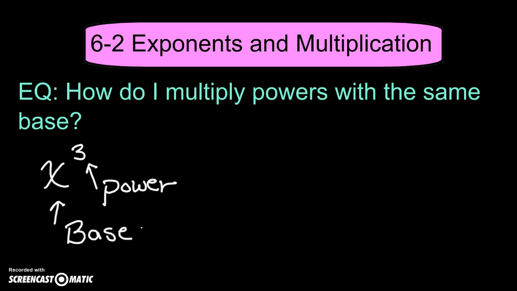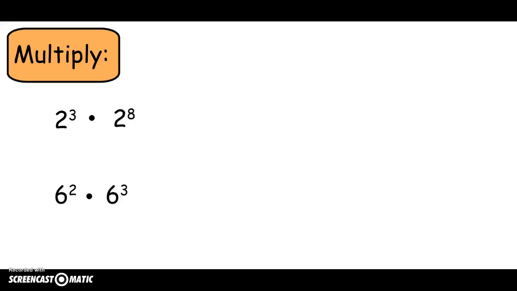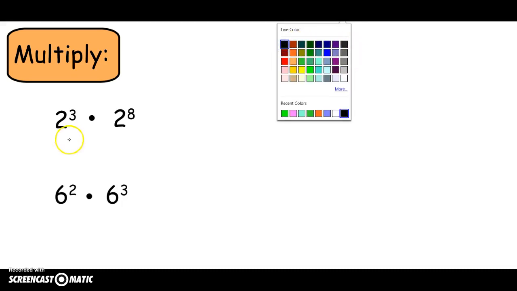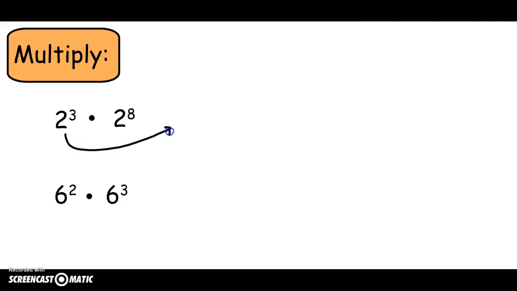So today we're going to be multiplying powers or exponents with the same base. All the bases are going to be the same. In the first example, we have 2 to the third times 2 to the eighth. Now, 2 to the third is 2 times 2 times 2. So we're just rewriting that.